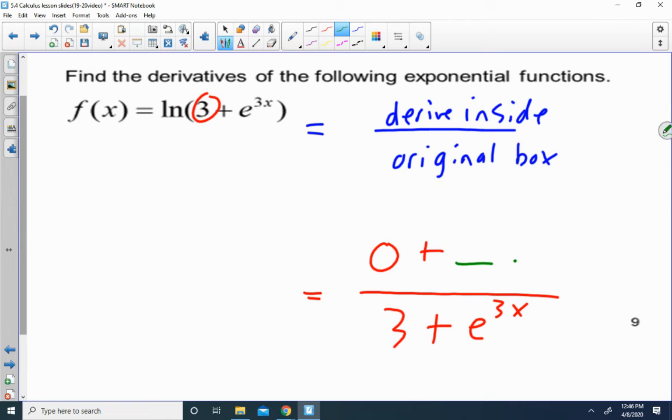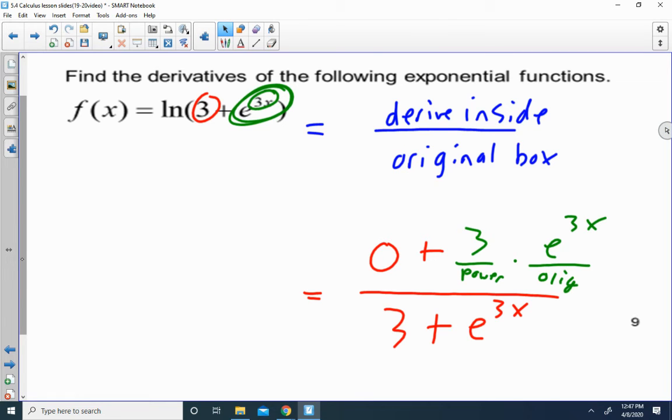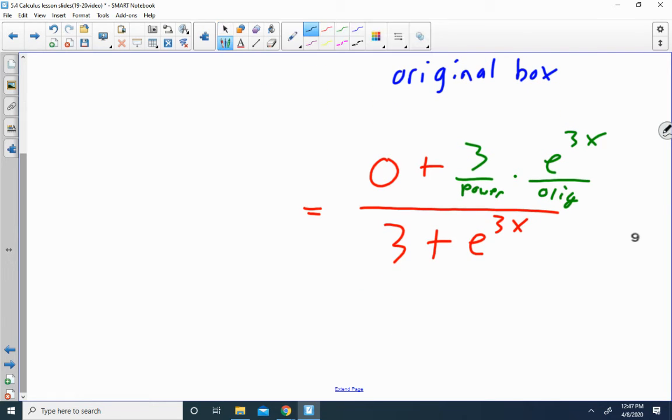And just like with the e, you derive the power first, and then multiply by the original. So let's look at the power, derive it, the derivative of 3x is going to be 3. And then, the original is everything that has the e. So e to the 3x.